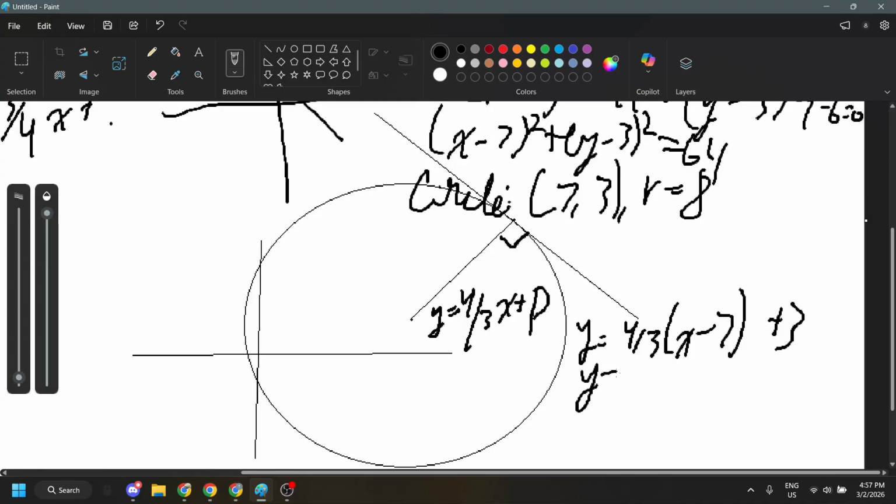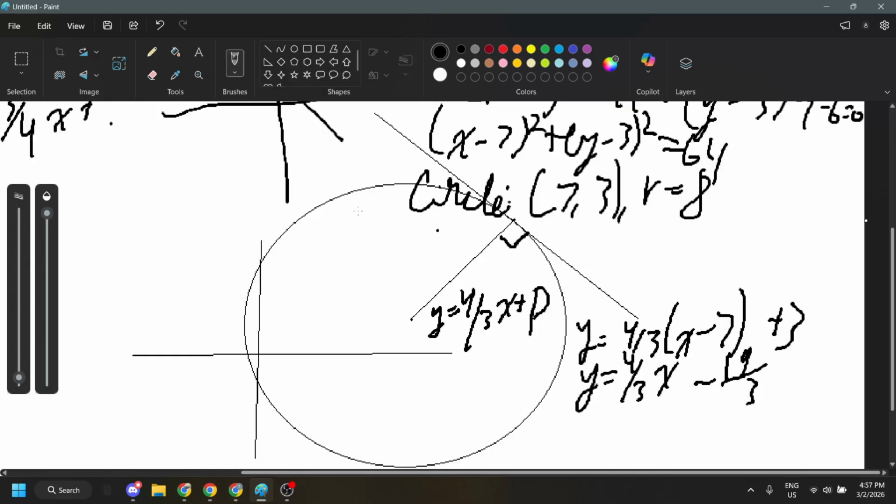So our line is y equal to 4/3 x minus 28/3 plus 9/3. So it's going to be minus 19/3. Minus 28 thirds plus 9 thirds. Yeah. Okay, cool. So this is the line.